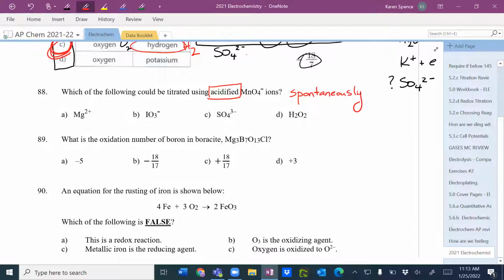So let's go look up acidified MnO4, and I'm just going to jot down that our possibilities are Mg2+, IO3-, SO4 2-, that should say 2 minus. Typo. Hello, pen, why are you not working?